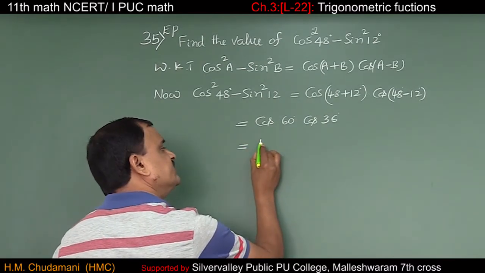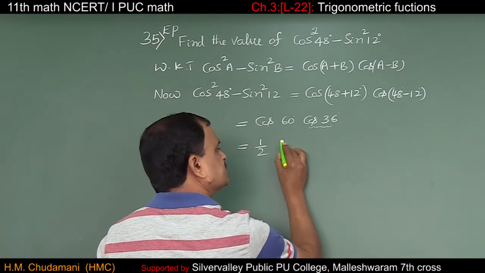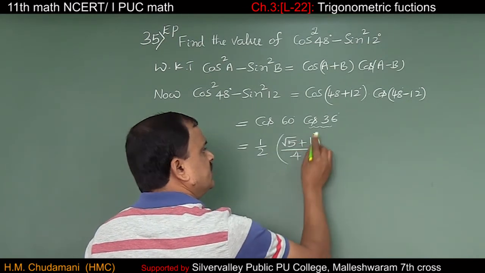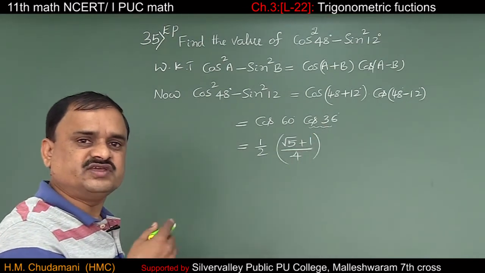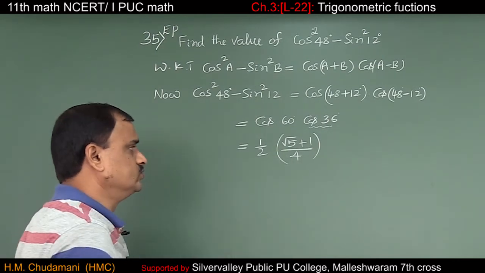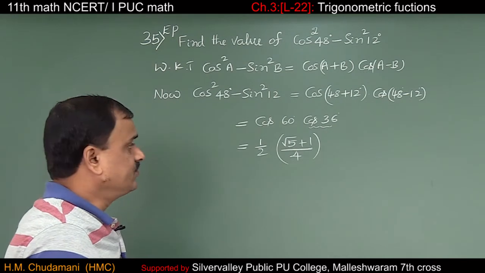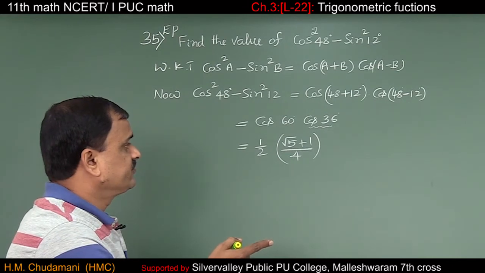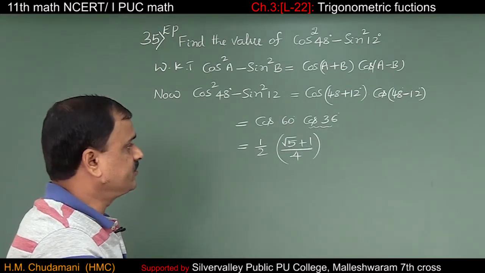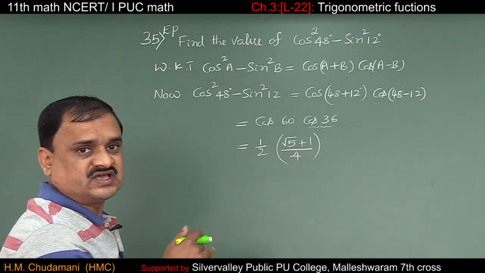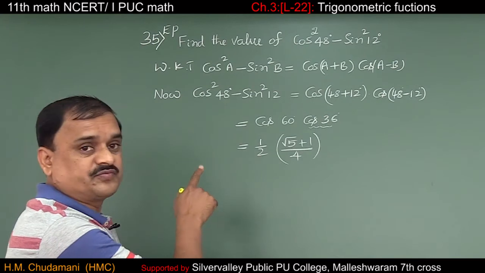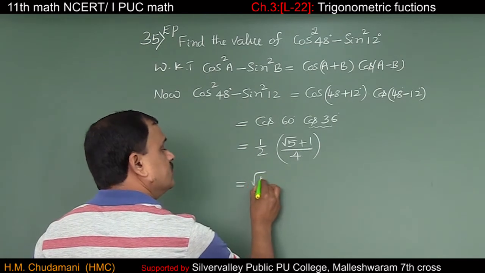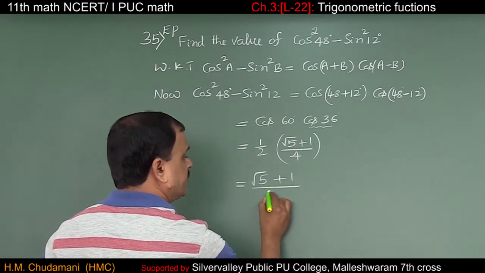Cos 60 degree is 1 by 2. Cos 36 degree is equal to sin 54 degree. Both are equal to root 5 plus 1 divided by 4. Whereas cos 54 is equal to sin 36. 54 plus 36 is 90 now, so cos A is equal to sin B. That is root 5 minus 1 divided by 4. Okay. This is equal to root 5 plus 1 divided by 4 into 2, that means 8.